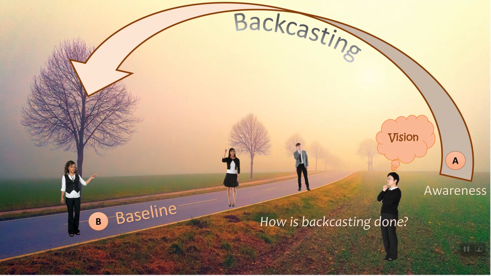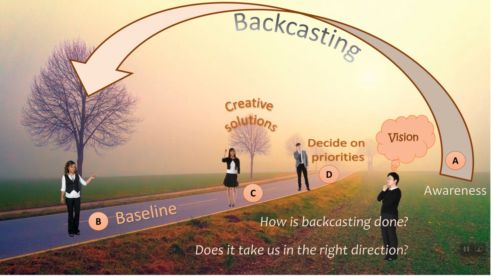The second step is to get a careful measurement or baseline of where the organization is right now. The third step is to research or develop creative solutions. And then the fourth step is to decide on priorities, because there will be more that you want to do than you can do. Each action that you take should be taking you towards your vision.